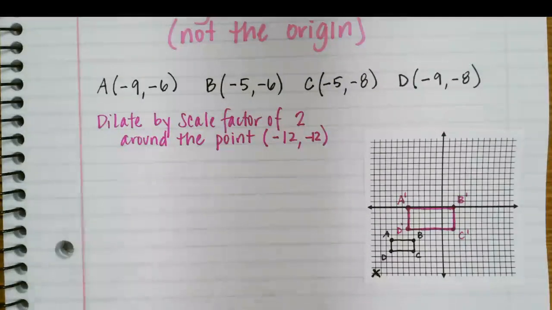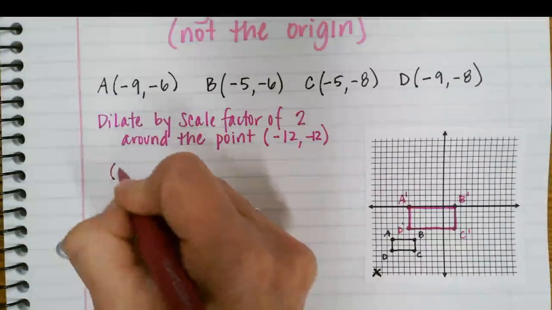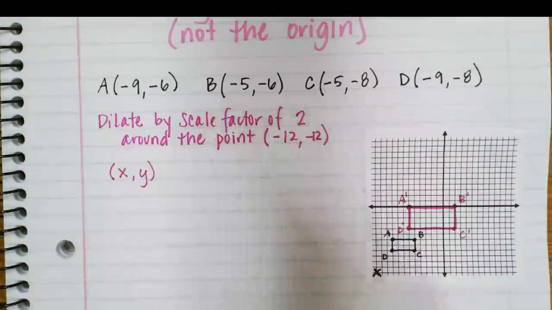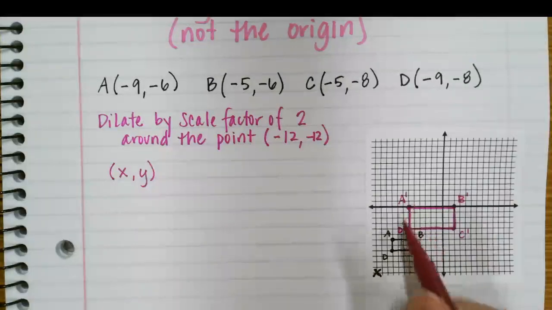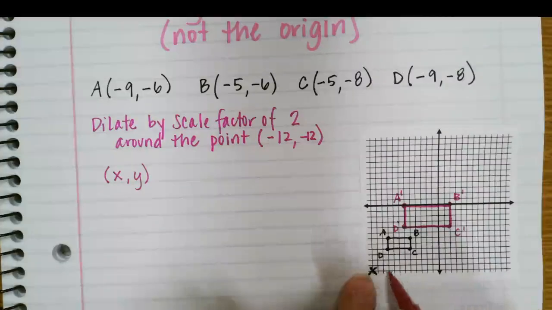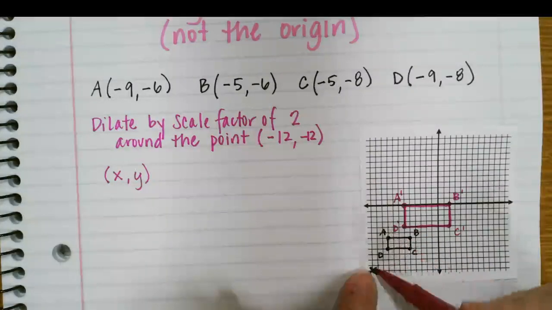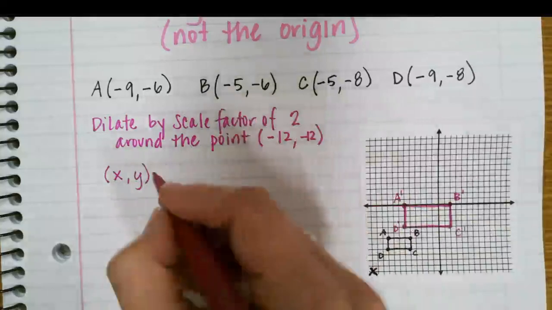All right, now algebraically, what I did is I started with the point. So let's just say A. The first thing I did is I figured out how far it was from this point. So I'm finding the difference between these two.